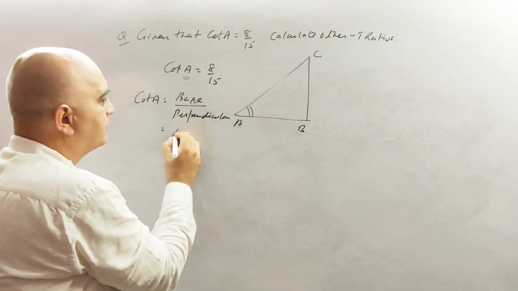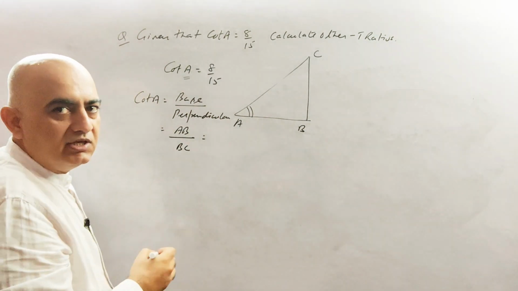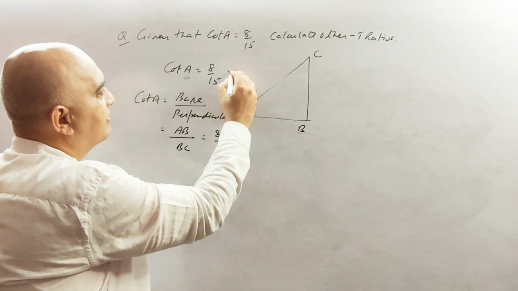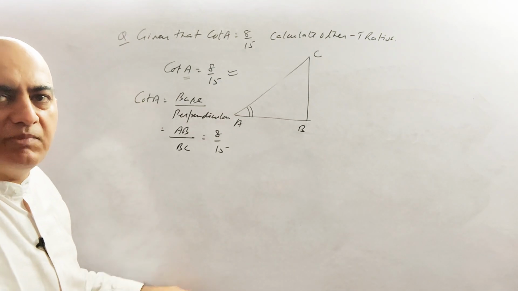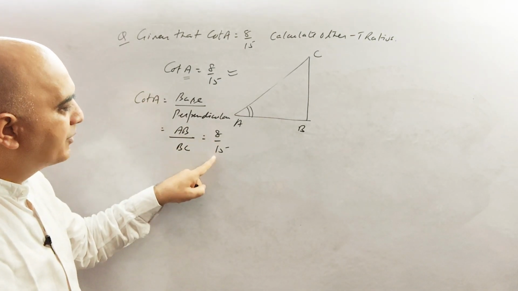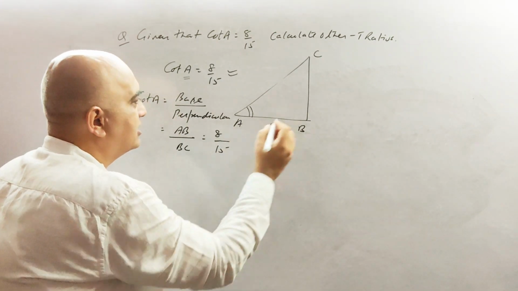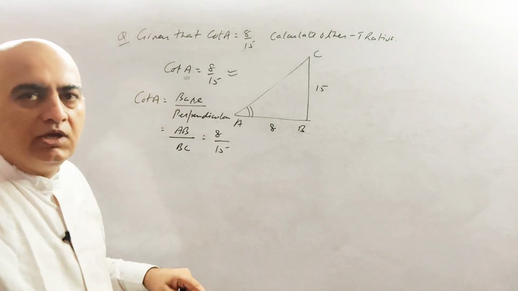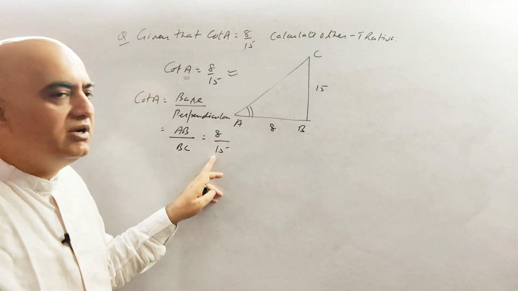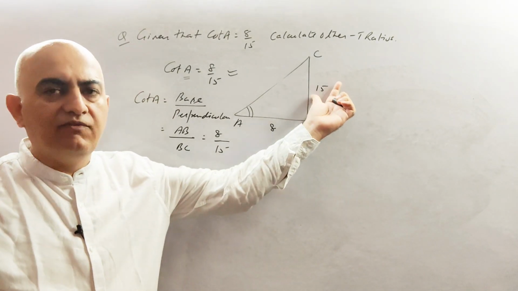Base is AB, and perpendicular is BC. It is given that cot of A is equal to 8 by 15, so AB is equal to 8 and BC is equal to 15. In some of the books, it is mentioned that 8 upon 15 doesn't mean that the lengths of the sides are 8 and 15.